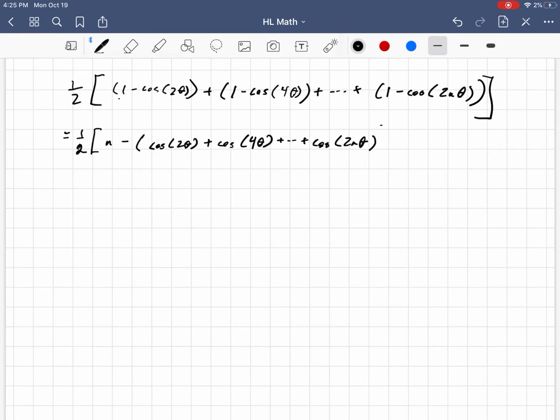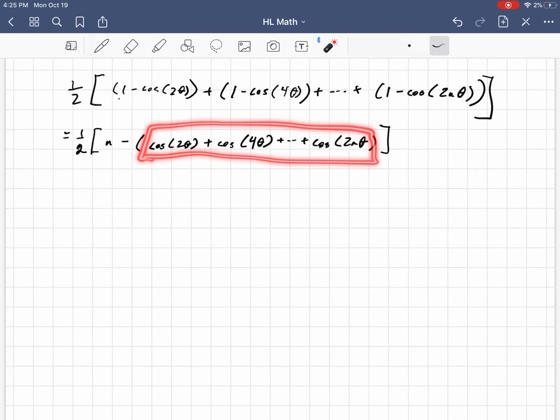All right, and this is a lot nicer to deal with because now we have gotten rid of the square part, and we have also made it so that these angles inside form a very nice and succinct arithmetic progression.